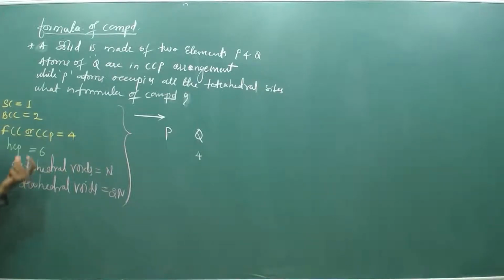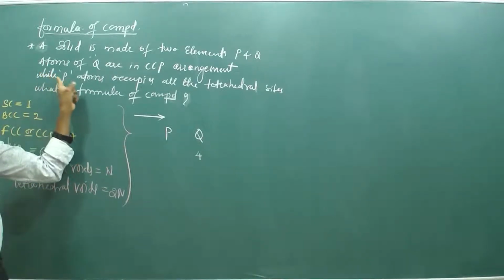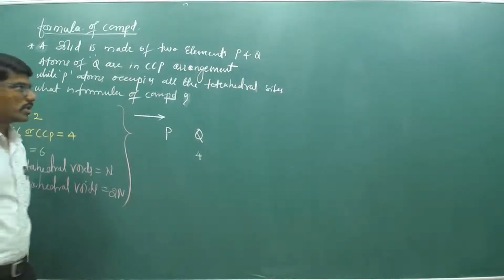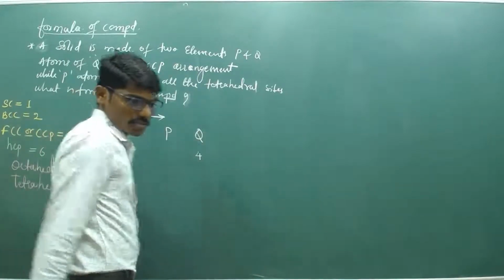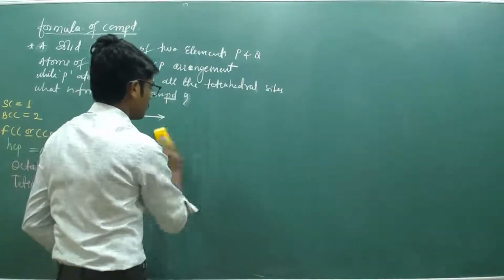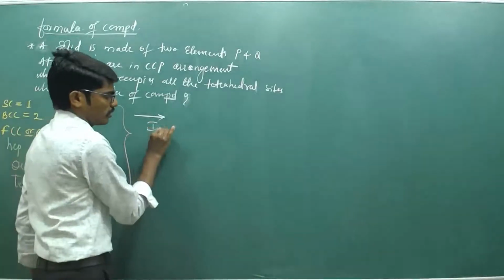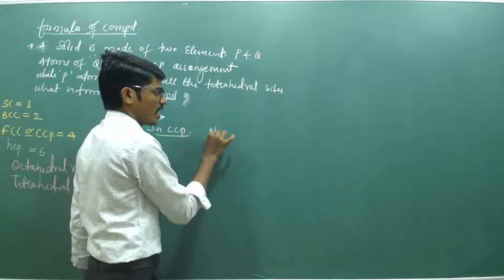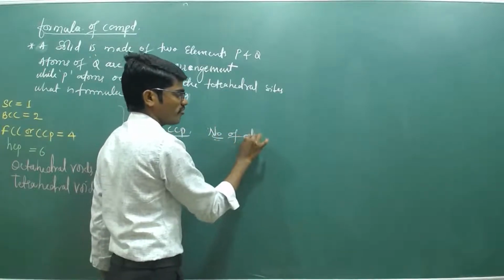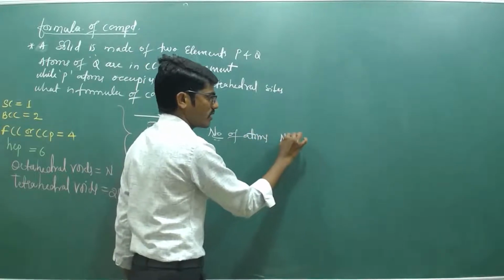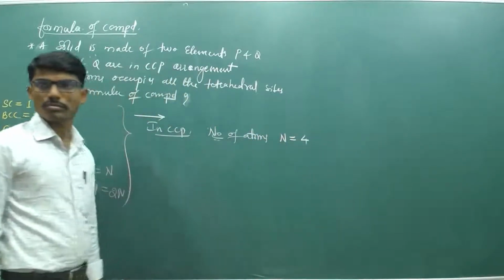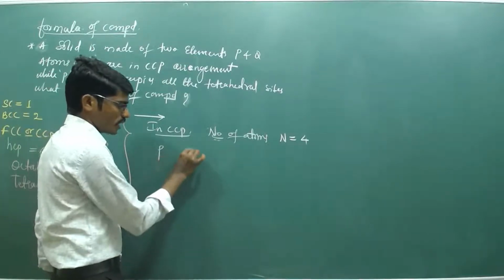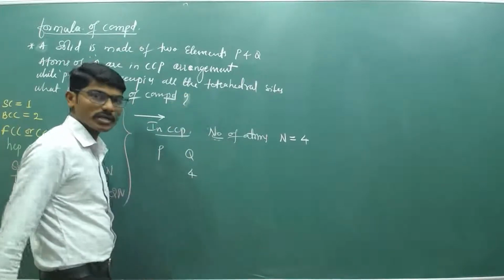Now, one more point: P atoms occupy all the tetrahedral voids. In CCP, the number of atoms, the n value, is 4. Since Q is in CCP, I have taken it as 4.